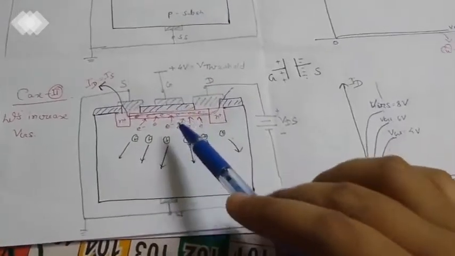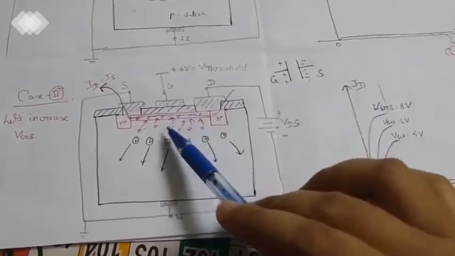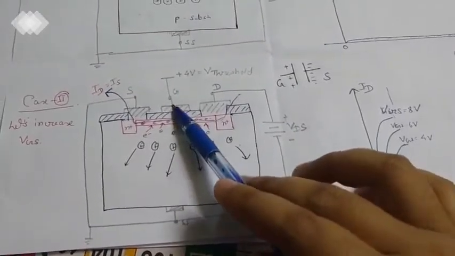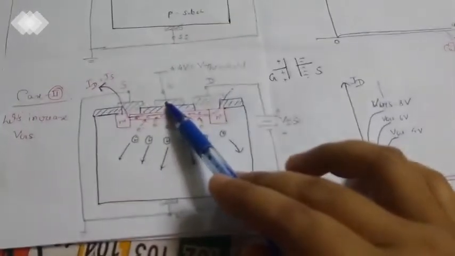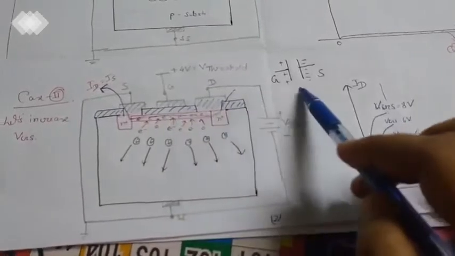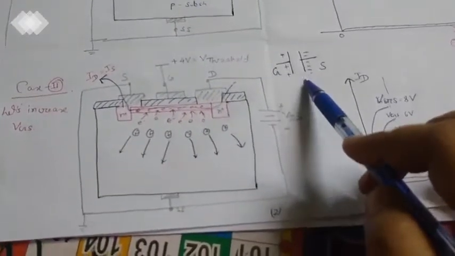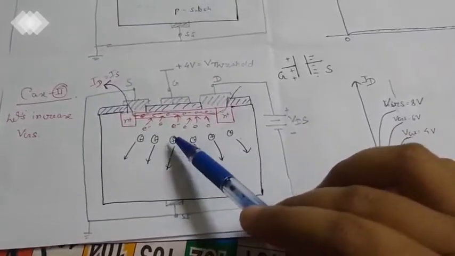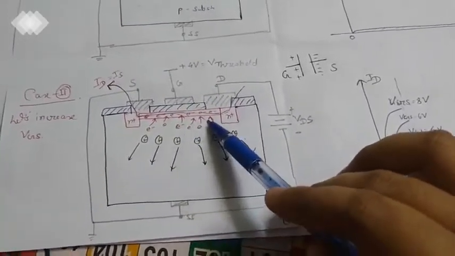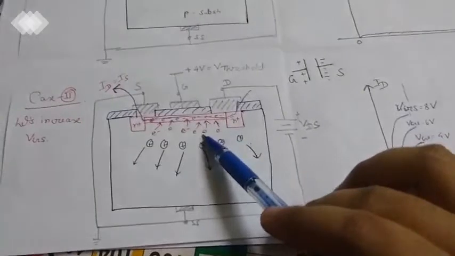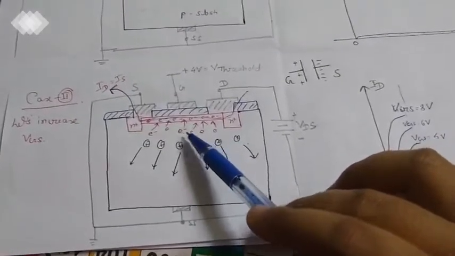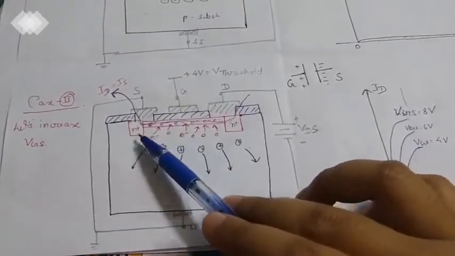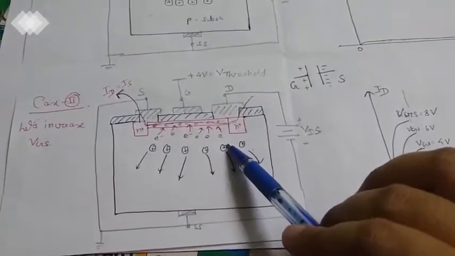So as we increase VGS to a positive value, the positive voltage at the gate will attract negative electrons to accumulate at the channel region. This will form a channel between the source and the drain.